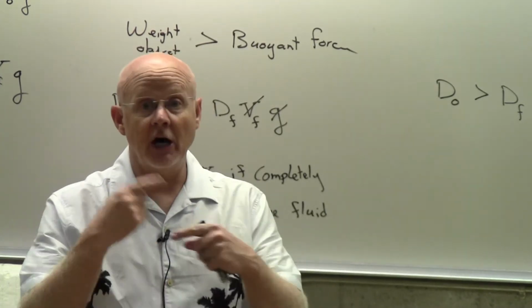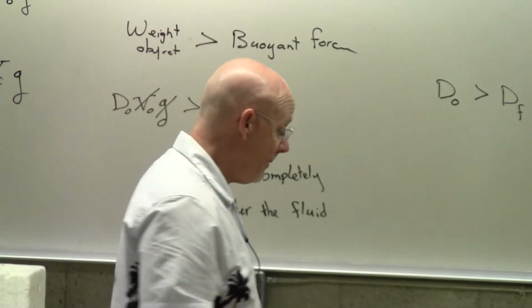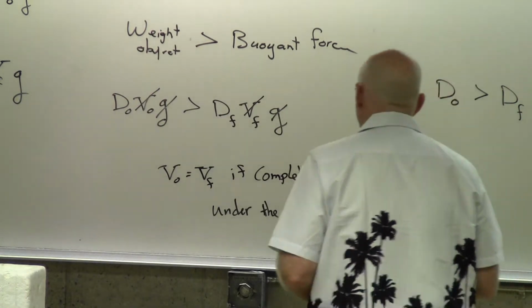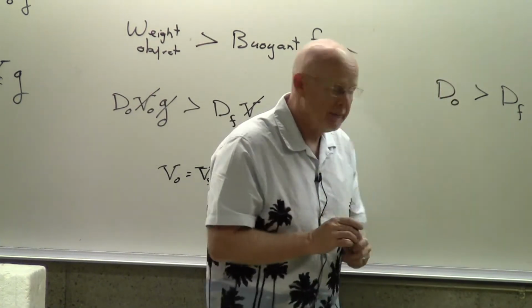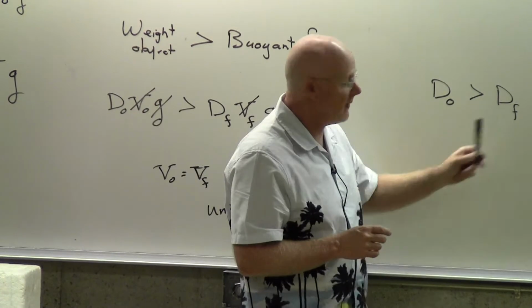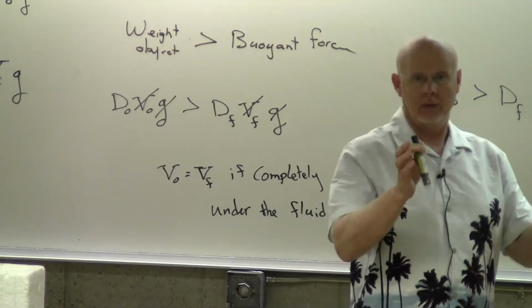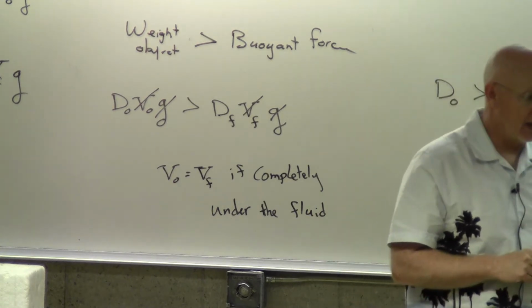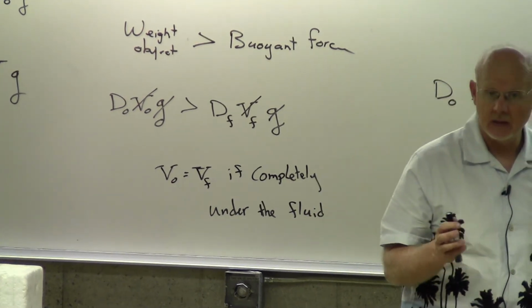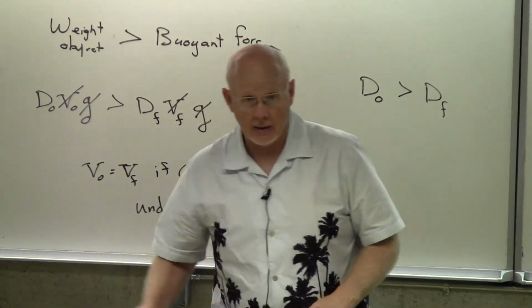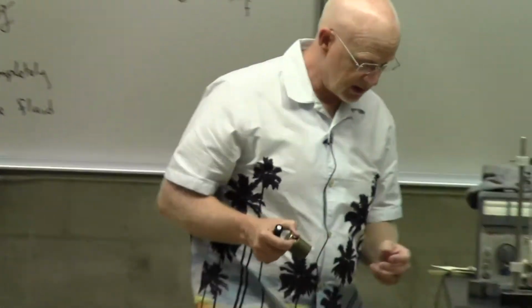And if you take that logic all the way through, you finally come up with a simple answer that any object that has a density greater than the fluid it is in will sink. So, let's take the piece of brass. Here's that piece of brass, but I've got this second one over here now.